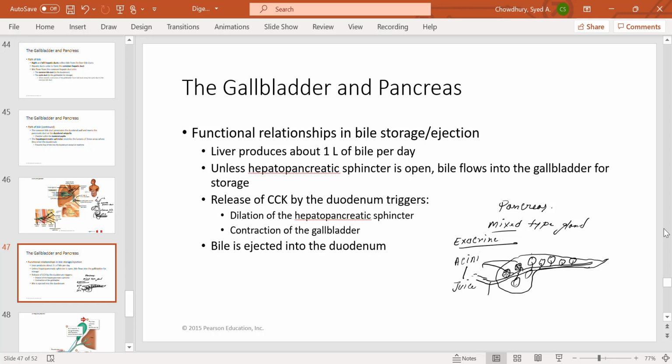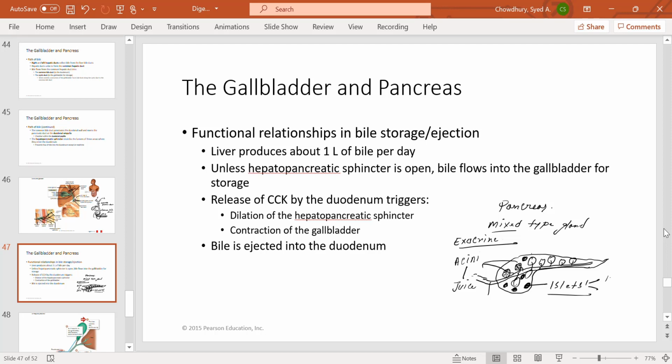Very important. The endocrine parts of pancreas are called pancreatic islets. So these are the endocrine parts, islets, also called islets of Langerhans. Okay, pancreatic islets. And islets don't do digestion.